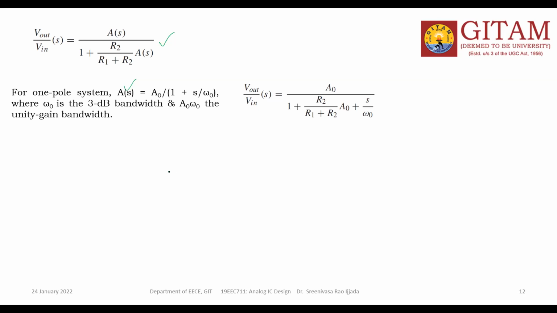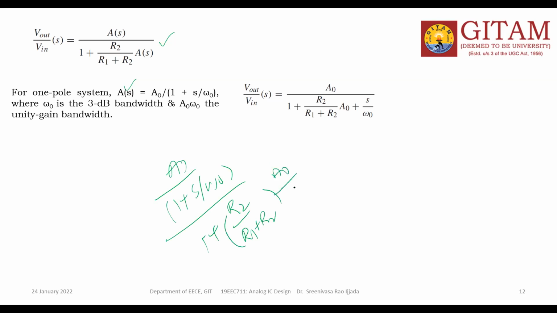A of S is A naught by 1 plus S by omega naught, by 1 plus R2 by R1 plus R2 into A of S, which is again A naught by 1 plus S by omega naught. So numerator and denominator should be divided with 1 plus S by omega naught.